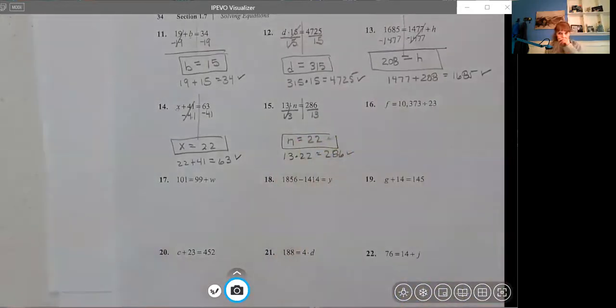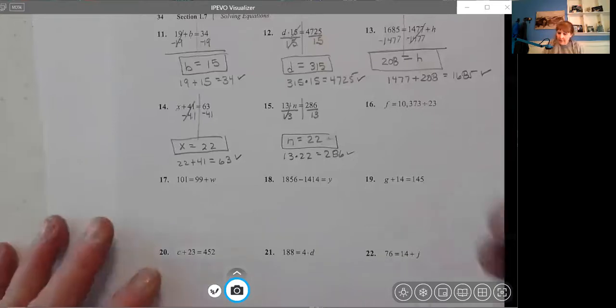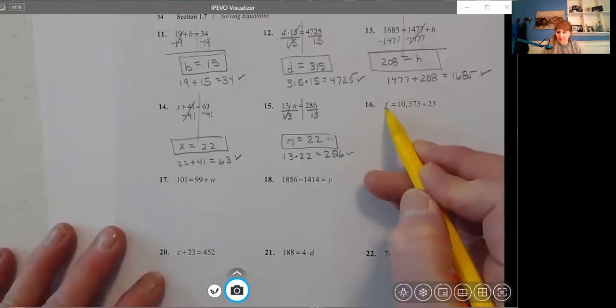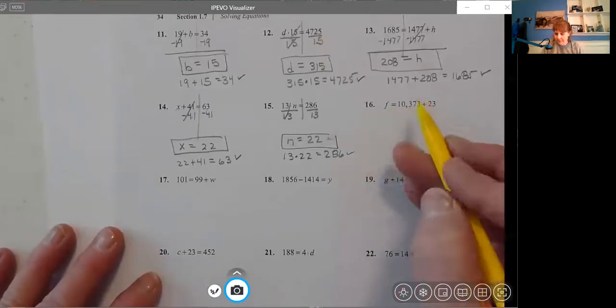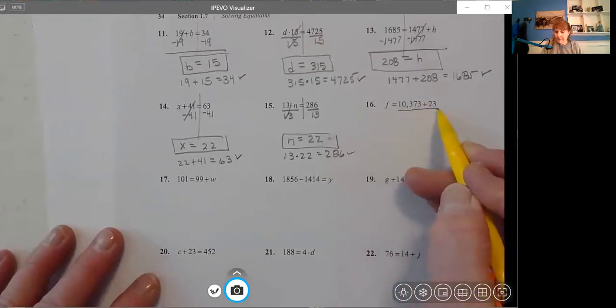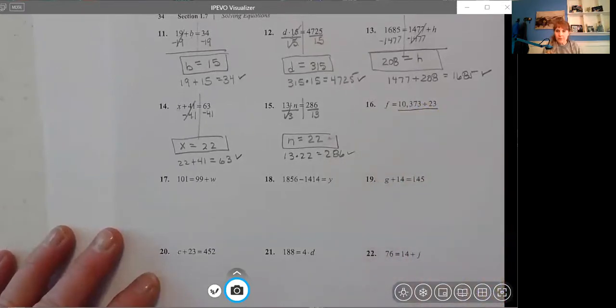All right, let's look at number 16. On number 16, the variable is already by itself. So we're not going to add or subtract or multiply or divide both sides by something. The variable is by itself. So all I need to do is simplify here. So don't move things if you don't have to move things from one side to the other.